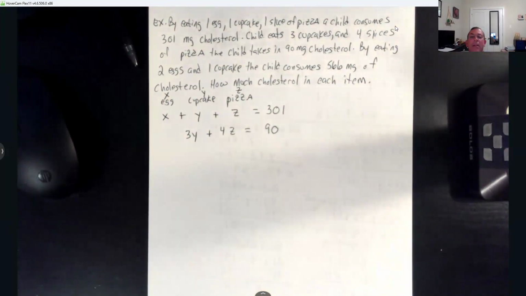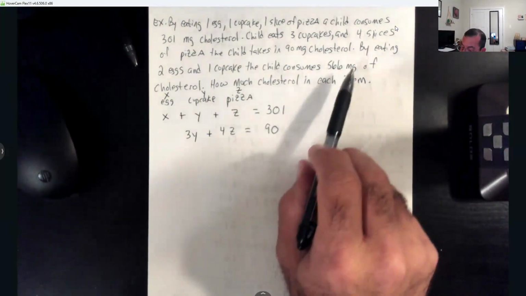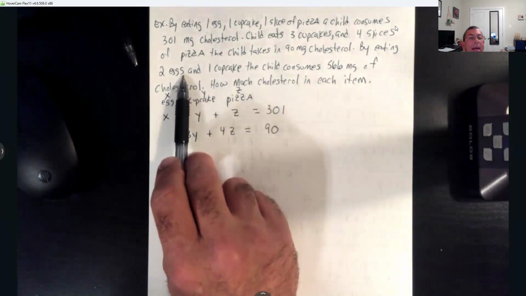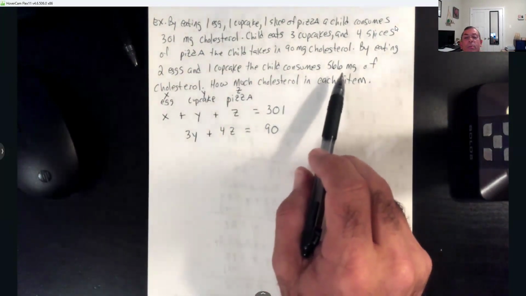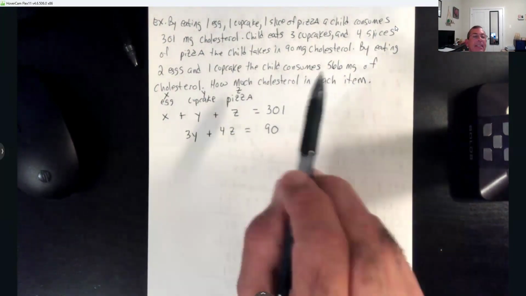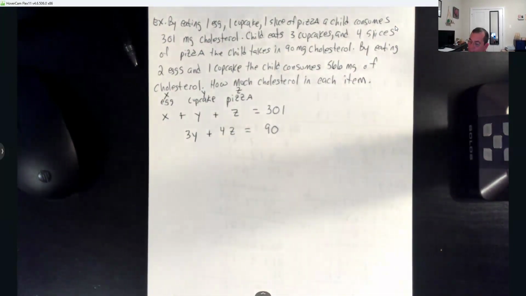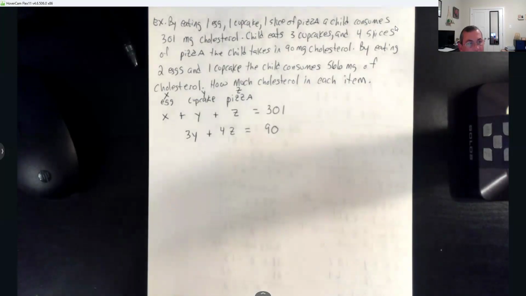All right, how about my third equation? It says 2 eggs and 1 cupcake consumes 566 milligrams. So we need our third equation, y'all. So what am I getting? 2x plus y equals 566. Perfect.